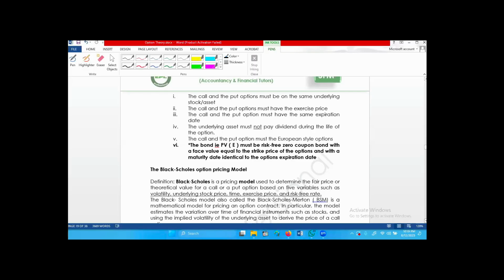The 5 input variables needed are exercise price, underlying asset price, the time to maturity, the risk-free rates, and the volatility.